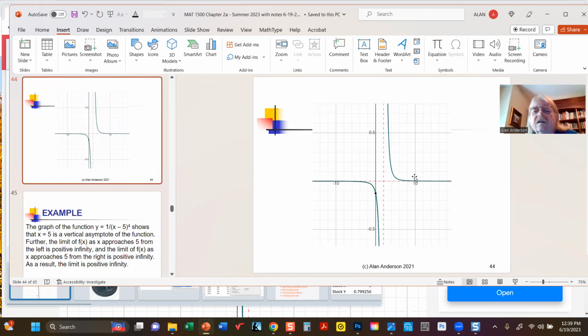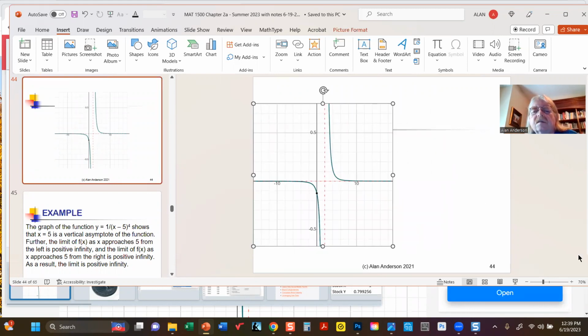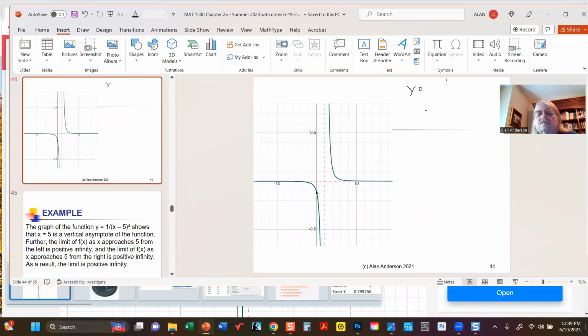So what you're seeing here is that now we can see clearly 2 is the asymptote in this function, the vertical asymptote, I should say.